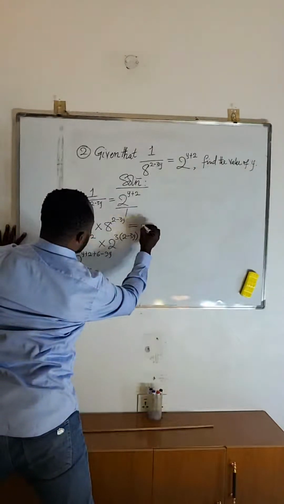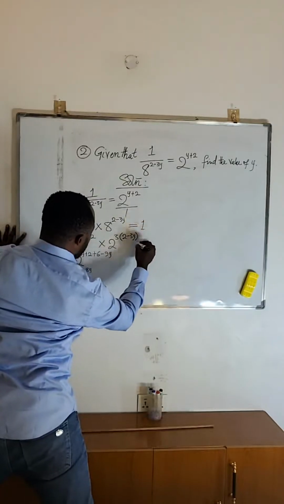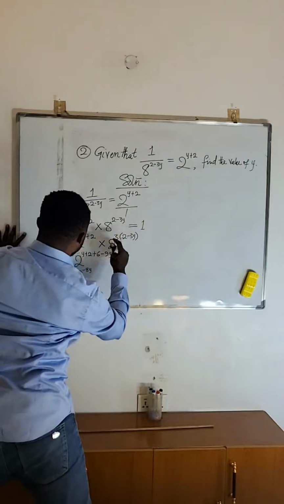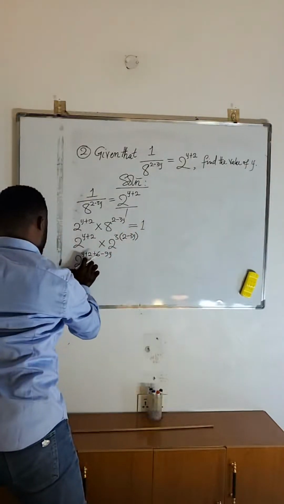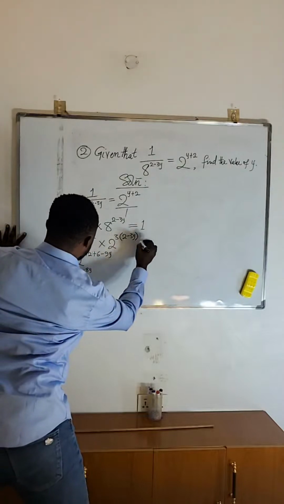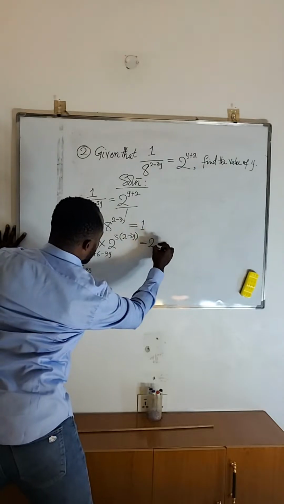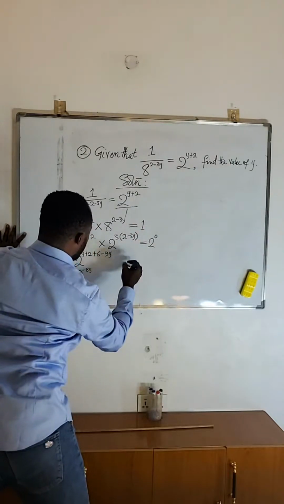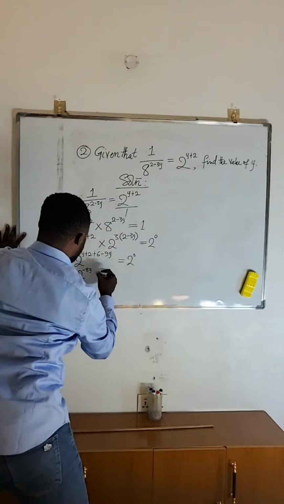Everything here was equal to 1. All this was equal to 1. And then here we can change 1 to 2 raised to the power of 0.